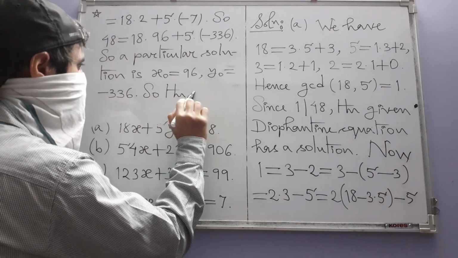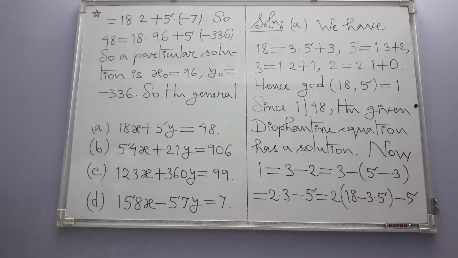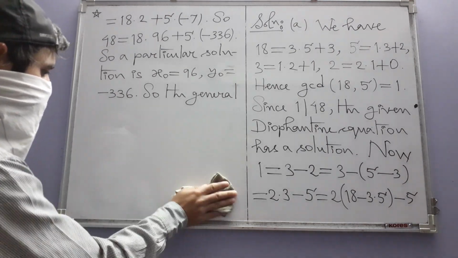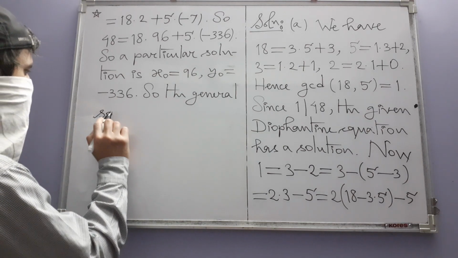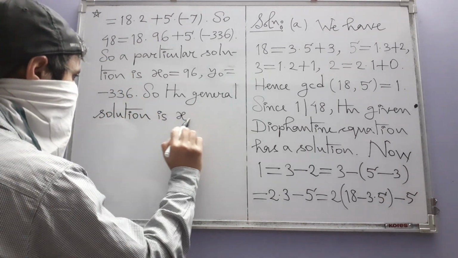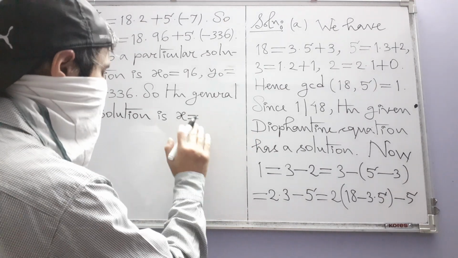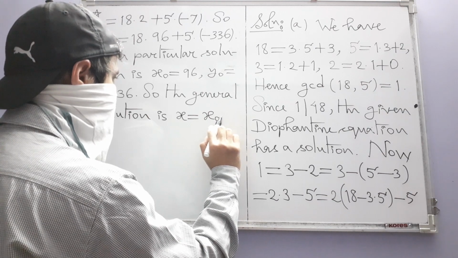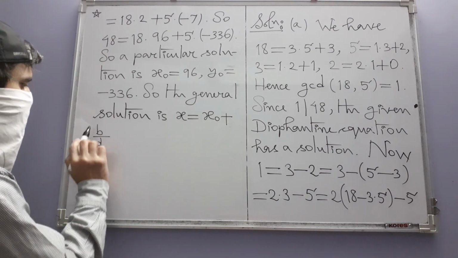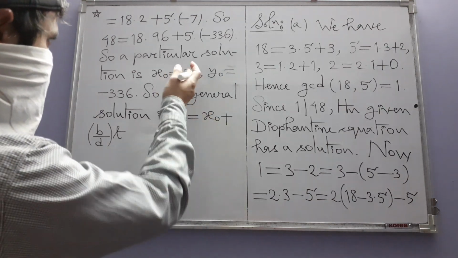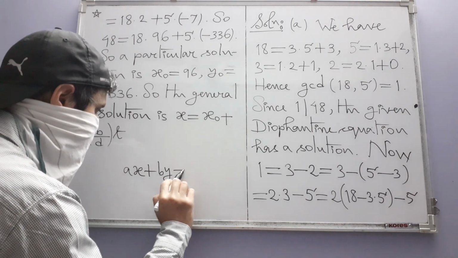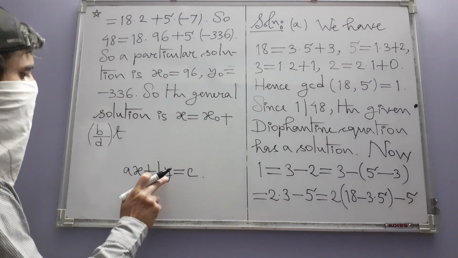And now we will write the general solution. Let me just, for the sake of recalling, write the formula. x equals x naught plus b divided by d times t, where x naught is this, and if our original Diophantine equation is 18x plus 5y equal to 48, then b is the coefficient of y.